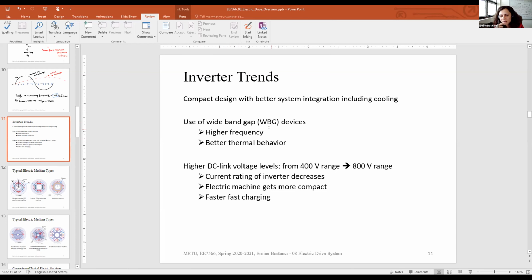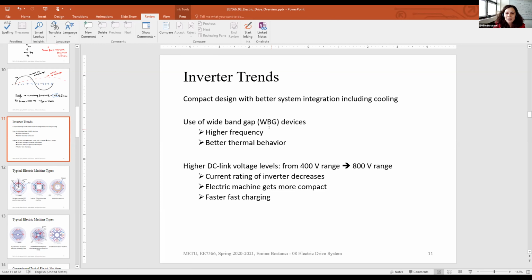And second, a higher junction temperature can be allowed. For silicon, the junction temperature should be limited to around 120 degrees, but wide bandgap devices can have a higher junction temperature, though of course the packaging should also be different. If the packaging can allow, you can make use of this higher junction temperature allowed by the wide bandgap devices.